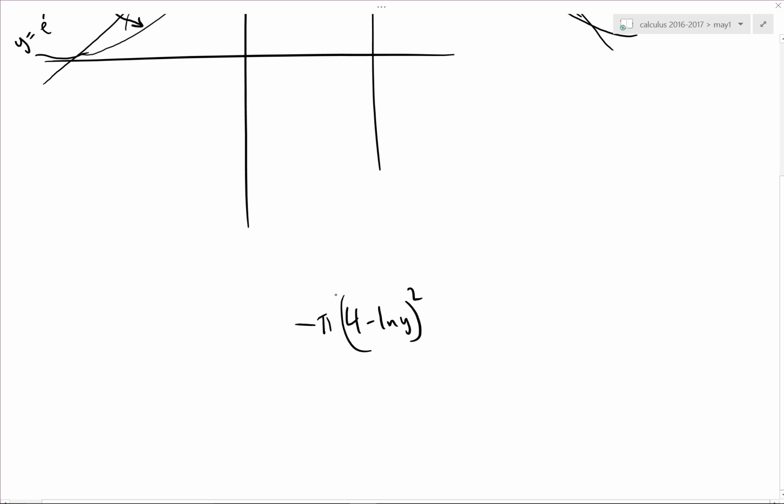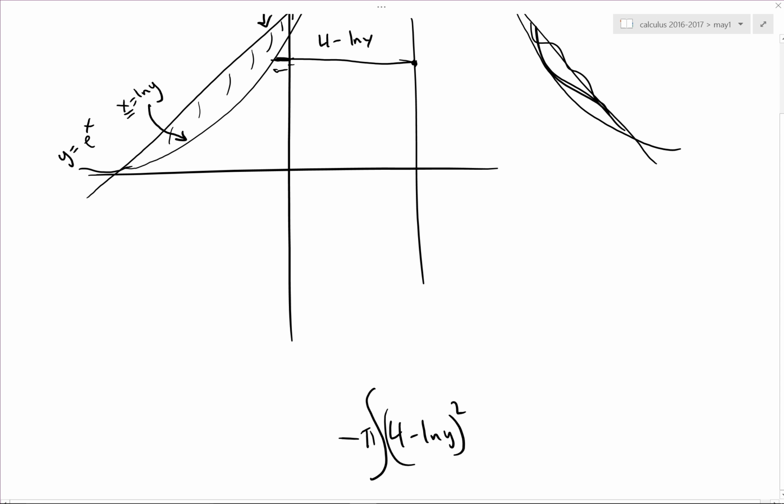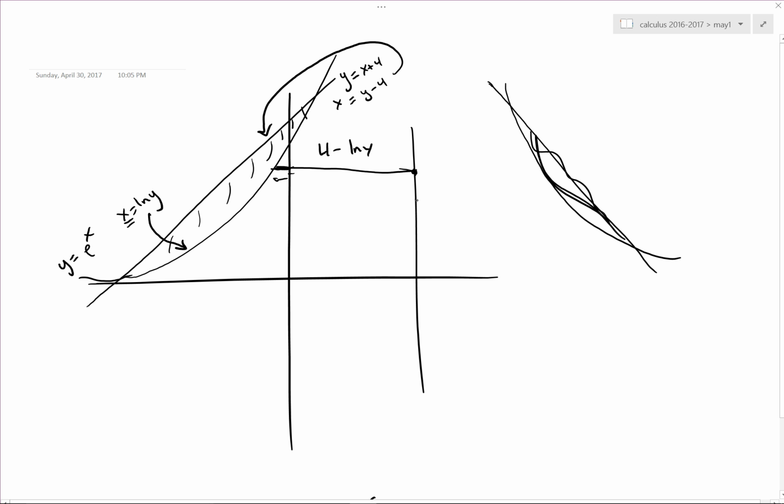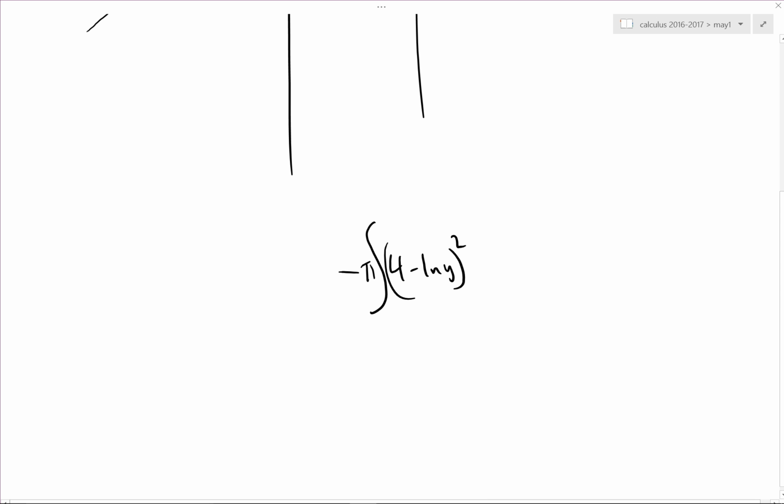That is going to be a gross integral. Life goes on. Now for the outer one, it's going to be 4 minus (y minus 4), and so it's going to be 4 minus y plus 4, which is 8 minus y. Am I right? I believe I am.